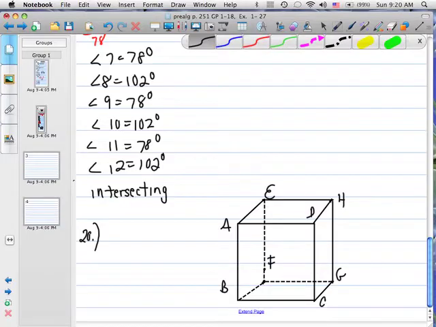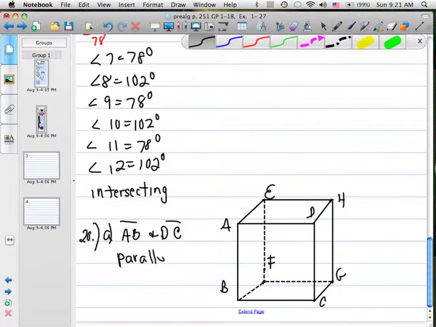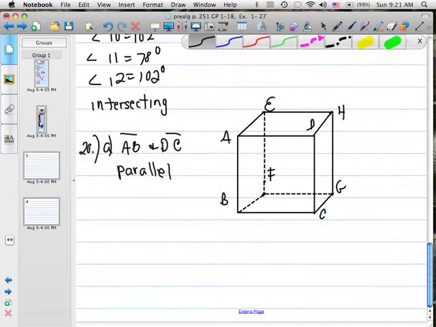So number 20 has 4 parts: A, line segment AB, and line segment DC. So here's AB, here's DC. They're in the same plane and they're definitely parallel. B, we have EF and line segment DH. Here's EF, here's DH.